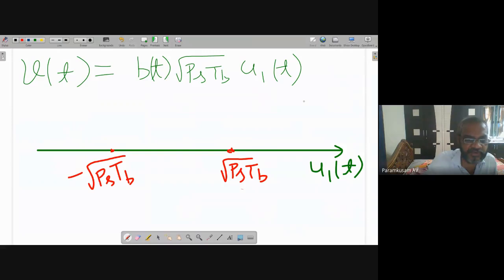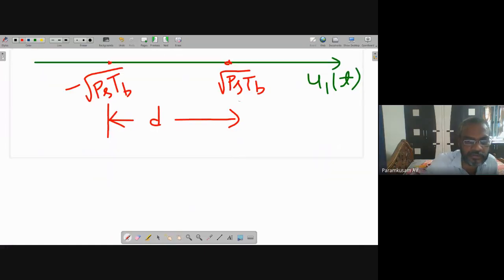The distance between these 2 points is represented as d. That is equal to d is equal to 2 into root over ps tb.